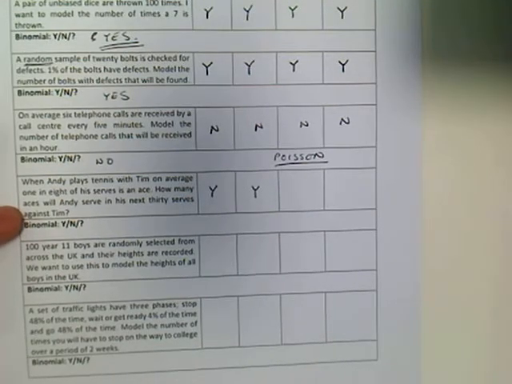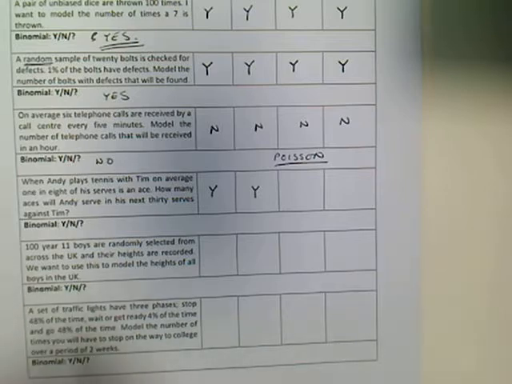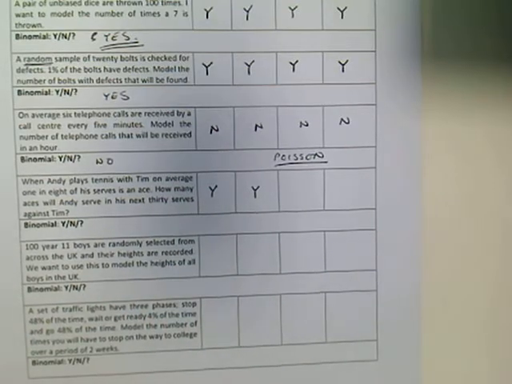Now, the wording of this question says that on average, 1 in 8 of his serves is an ace. So presumably that's over a match or over his career or over a season. I'm not sure how exactly that is measured. And we are measuring the next 30 serves against Tim. I think it would be reasonable to say that potentially during certain periods of a match, Andy will serve more aces.